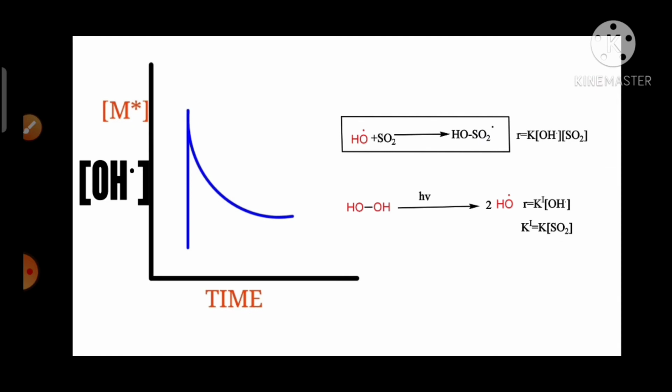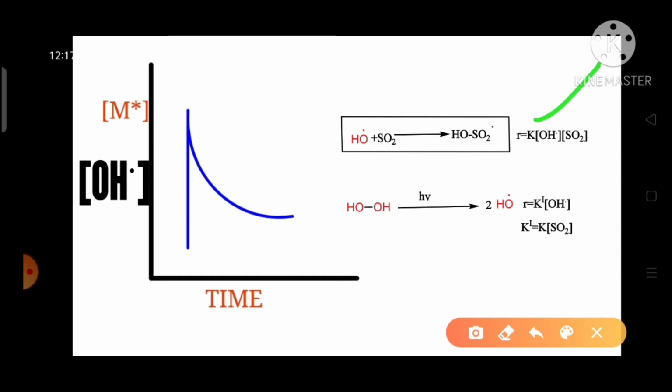For example, the reaction between the hydroxyl free radical and SO2 that occurs in the environment is a second order reaction. It is a very fast reaction, and its lifetime lies in microseconds, so its speed is studied by using the flash photolysis technique.